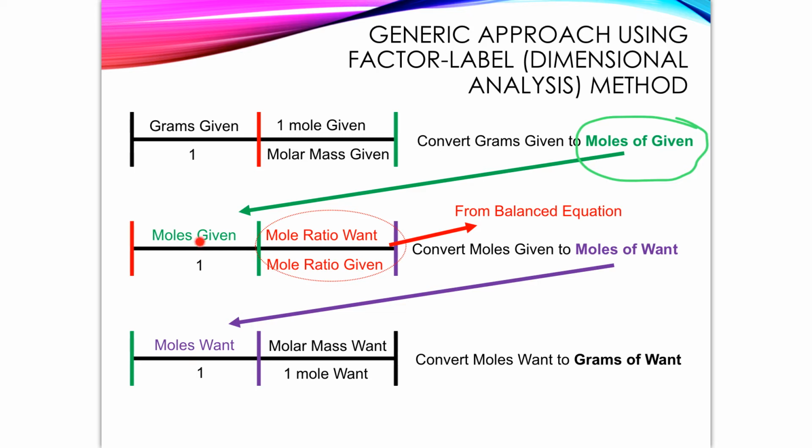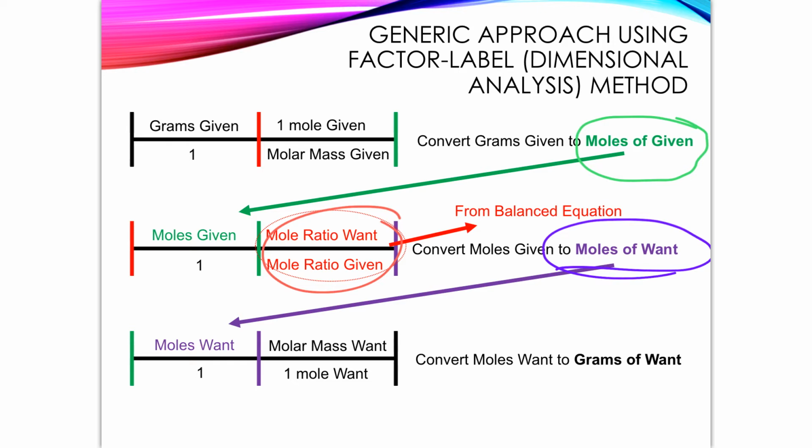So the moles of given now, using the molar ratio from your balanced equation, right? This is from our balanced equation. That gives you the moles of want. So now we've gotten from grams of given to moles of want in 2 calculations. And then again, this is the start point for your next calculation.